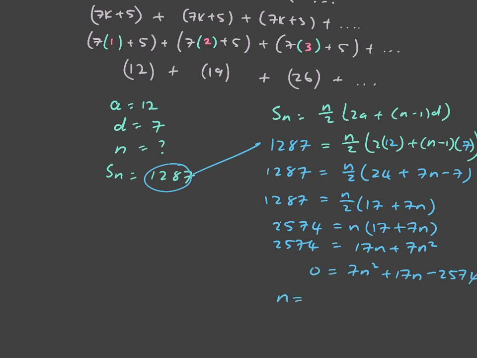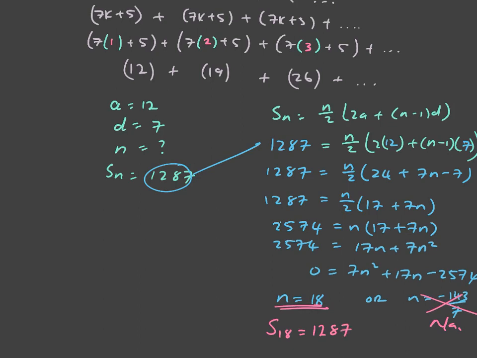We're going to get two solutions: n is equal to 18 or minus 143 over 7. That other one, of course, makes no sense, so it's not valid. Therefore n is equal to 18. That means the sum of 18 terms of that particular sequence will give me a sum of 1287.